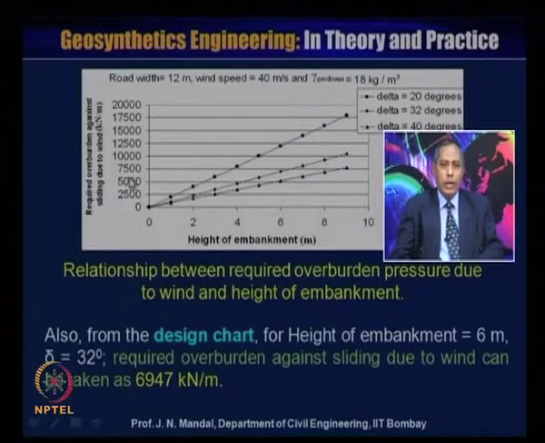This is the required overburden against sliding due to the wind, lying between 5000 and 7500, so it will be around 6947 kilonewton per meter. So, the required overburden against sliding due to wind can be taken as 6947 kilonewton per meter from this design chart.